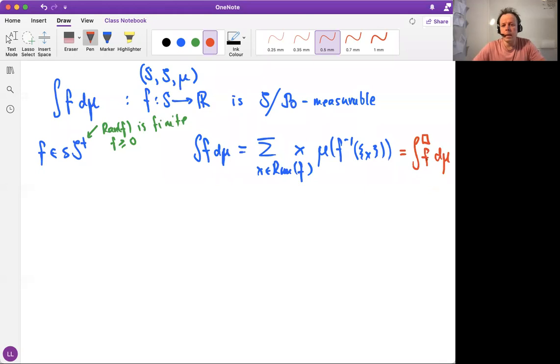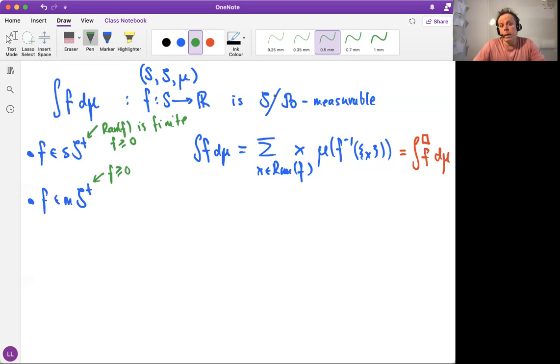But when we are extending, we actually will omit this sign, and we just say that in the special case that f turns out to be simple and positive, this integral means this sum. So this was the elementary case. Then was the second case where f is measurable, and plus means still non-negative.